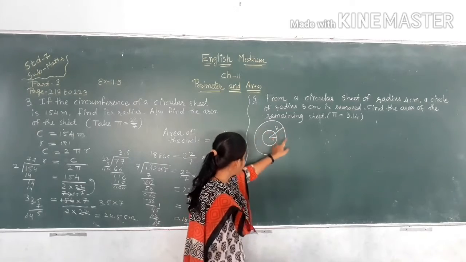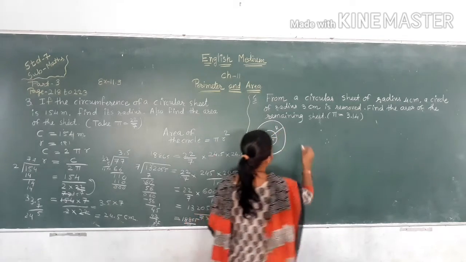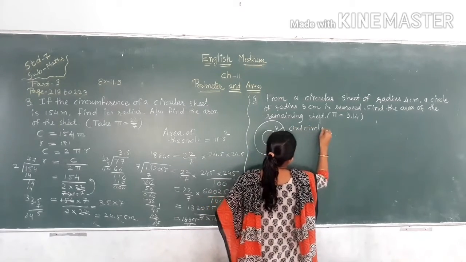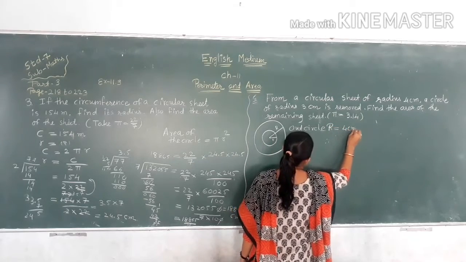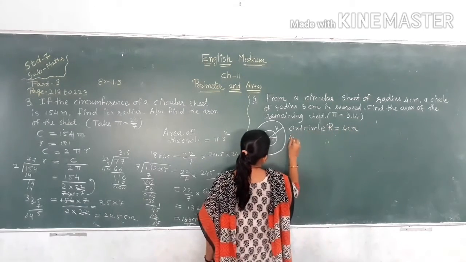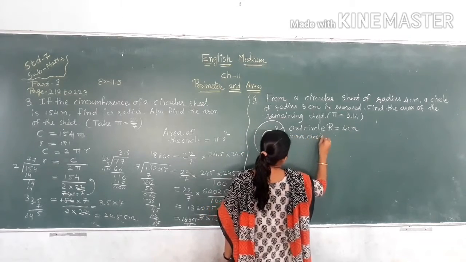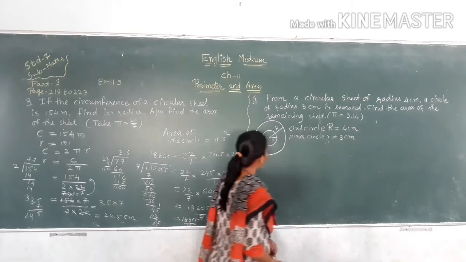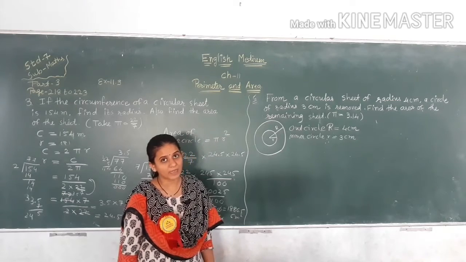So here outer circle radius r is equal to 4 centimeter. Then inner circle r is equal to 3 centimeter. Find the area of the remaining sheet.